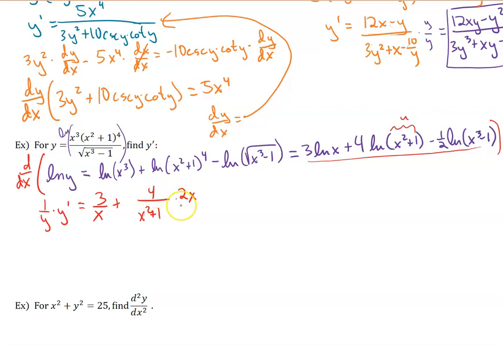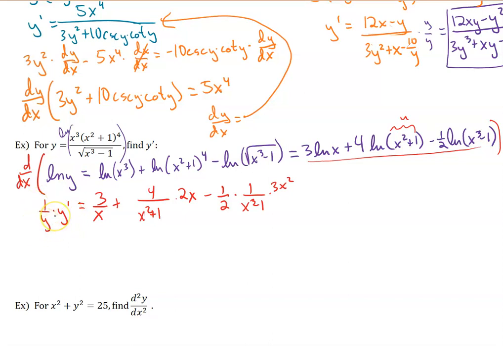I can combine those and make it an 8x now, or I can do it later. All right, minus 1/2 times 1 over x cubed minus 1. And again, I've got a chain rule, so I need to multiply by the derivative of this, which is 3x squared. So I can move that over and I can distribute this too if I want. But as far as solving for y prime goes, the only thing I need to do is get rid of the y.